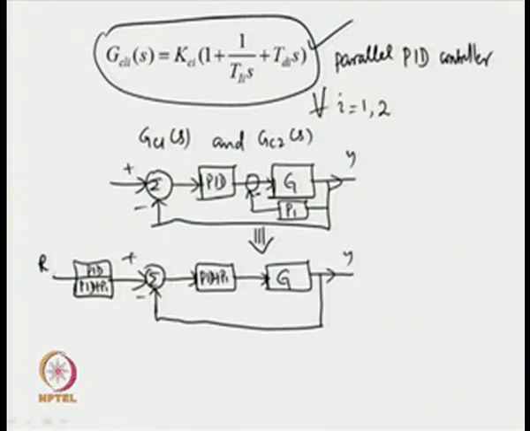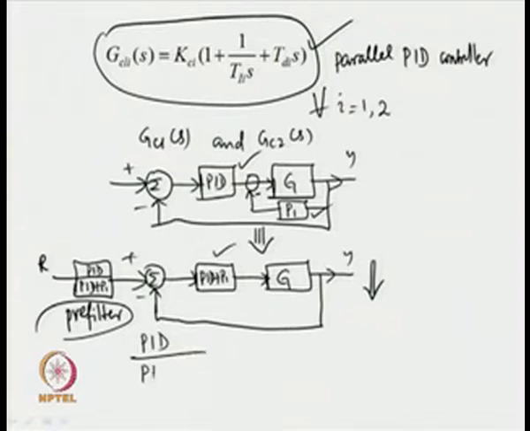So, a single input single output process with an inner feedback controller P1 and a PID controller in the feedback path can equivalently be represented in the single input single output control scheme, where the PID plus P1 will be in the feed forward path with a pre-filter in the reference path, and the pre-filter dynamics will be given by PID upon PID plus P1.